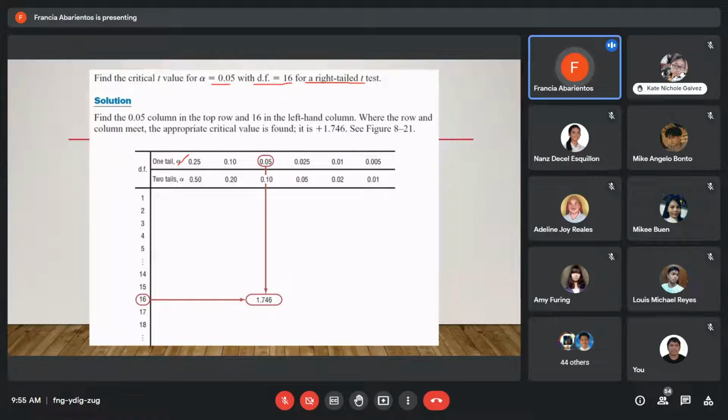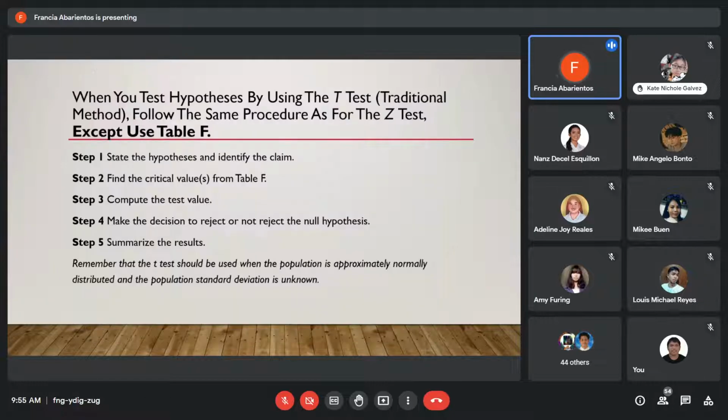And given sa atin yung alpha, we have the degrees of freedom automatically. This is now the critical t value for the specific given problem.